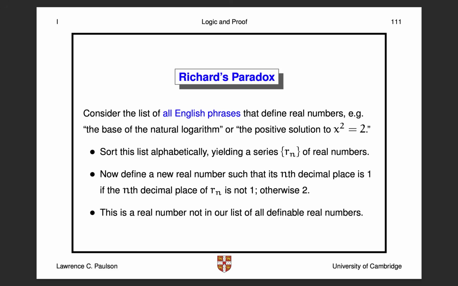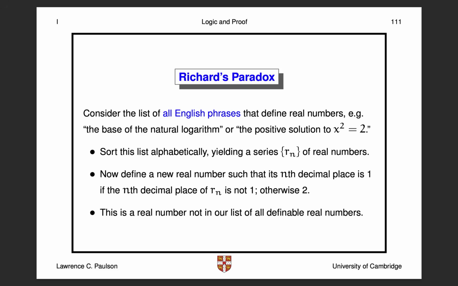This is the set of all real numbers expressible in English. Now we can define a new real number, a real number which will have before the decimal point just a 0, and after the decimal point we organize it so the nth decimal place differs from the nth decimal place of the number Rn.